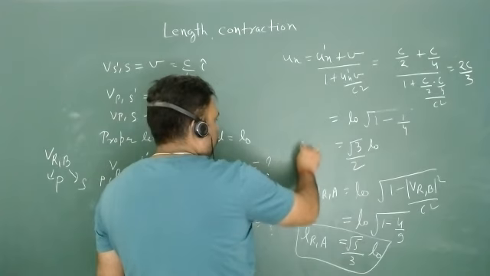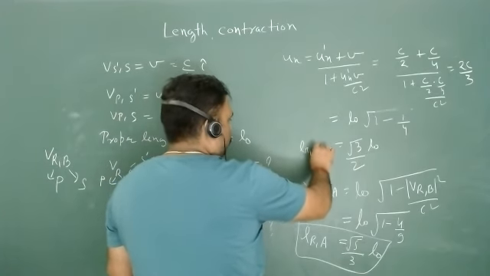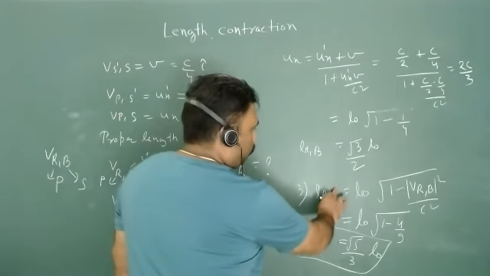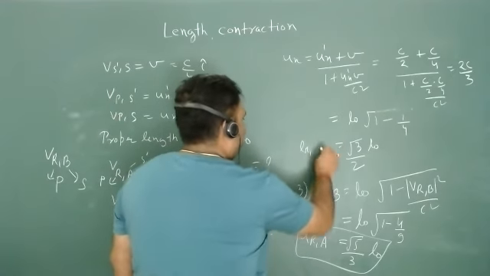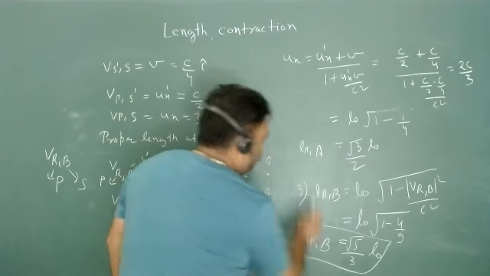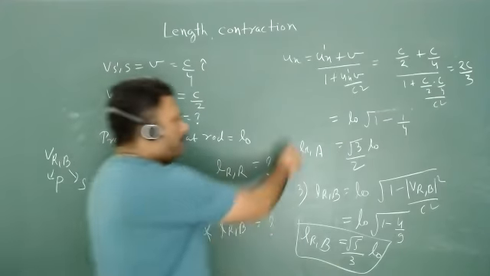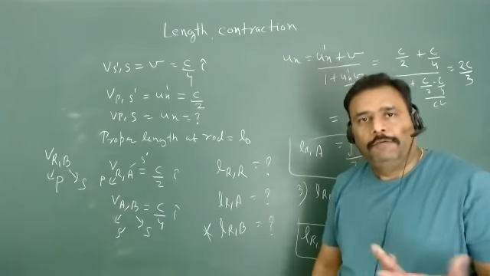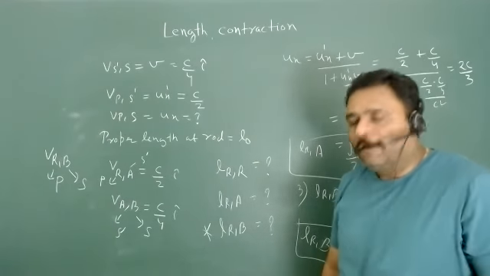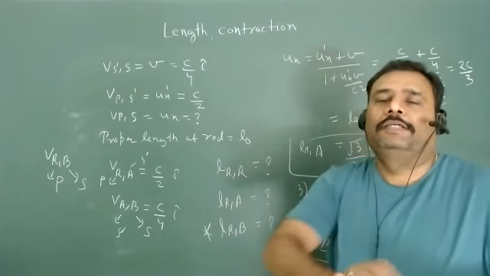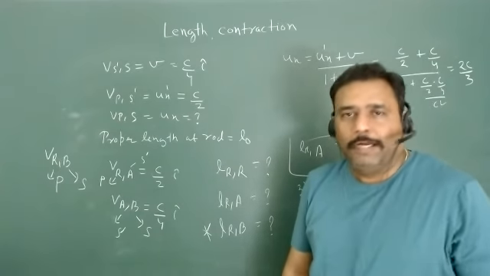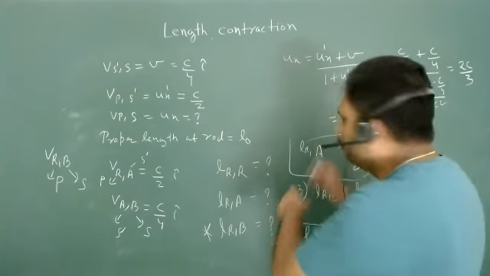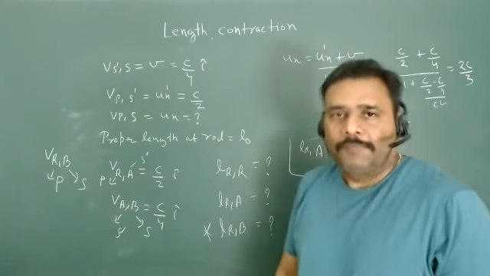This thing is the length of the rod with respect to B. Sorry, it got reversed, this was with respect to A, and this one with respect to B. Every observer has a different measurement, a different perception. And you cannot say that this observer is correct or that observer is not correct. Why? Because if you want to know the measurement of that observer, you have to go into that frame. This is very logical.